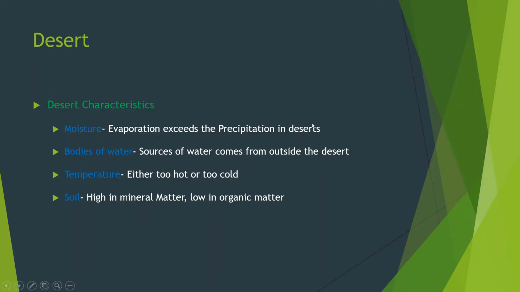So, desert characteristics. We have moisture, where evaporation usually exceeds the precipitation in deserts. We have bodies of water, where the sources of water come from outside the desert, and temperature, which is either too hot or too cold. If it's too hot, evaporation exceeds the precipitation. If it's too cold, temperatures prevent water from being evaporated.